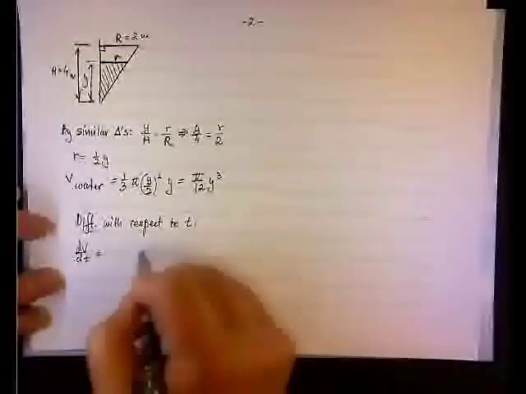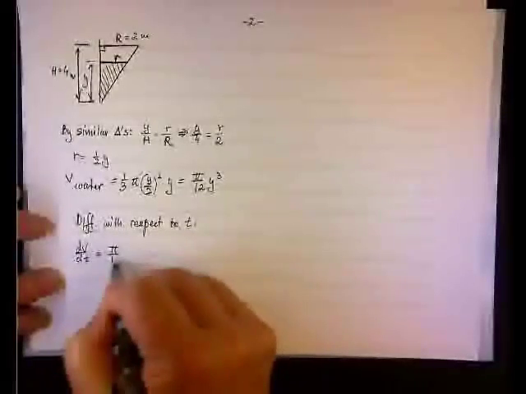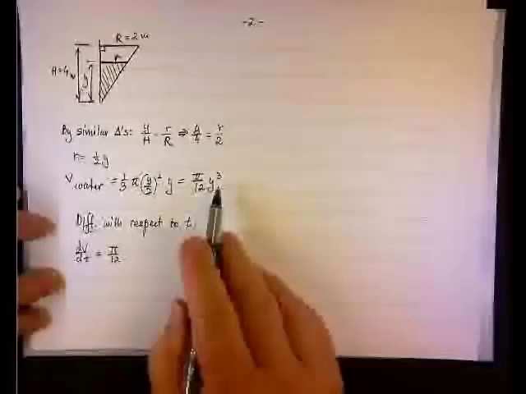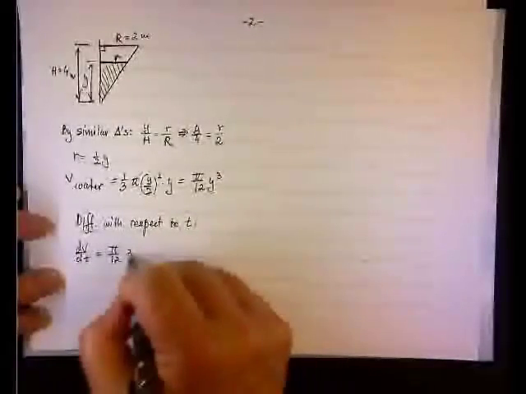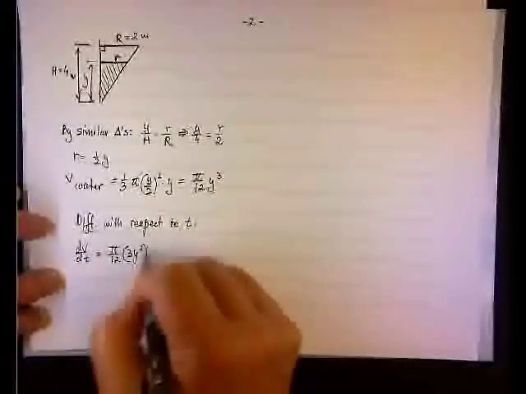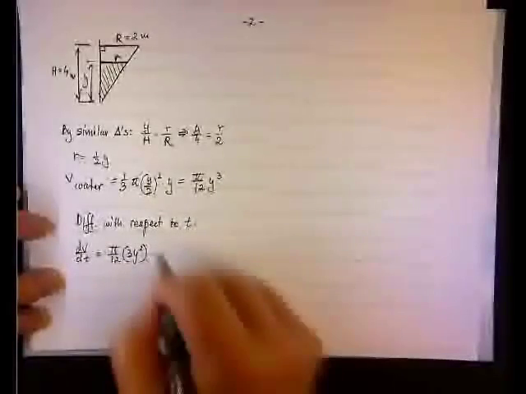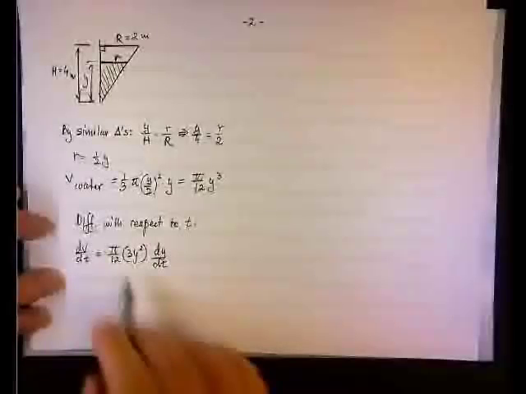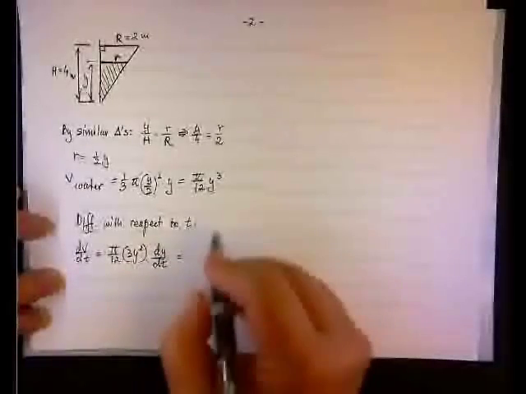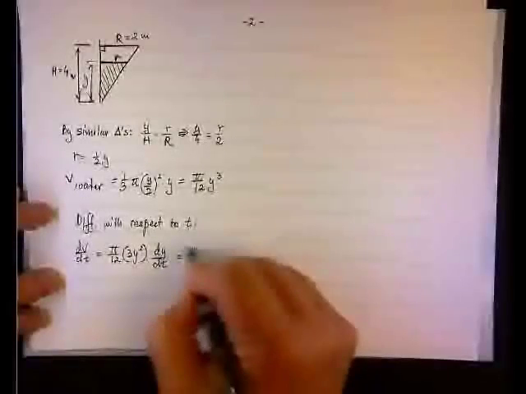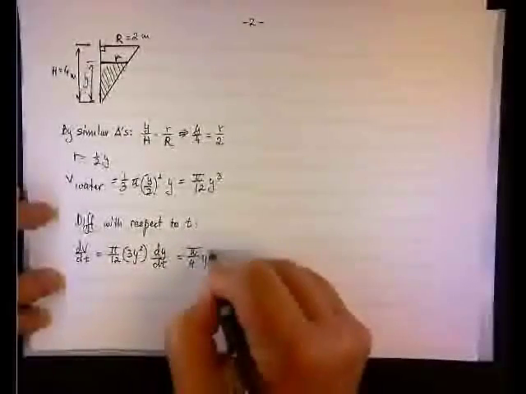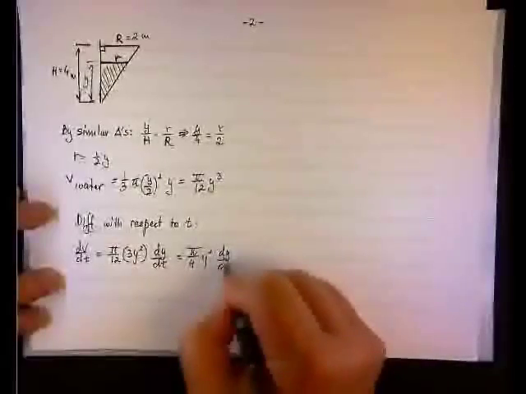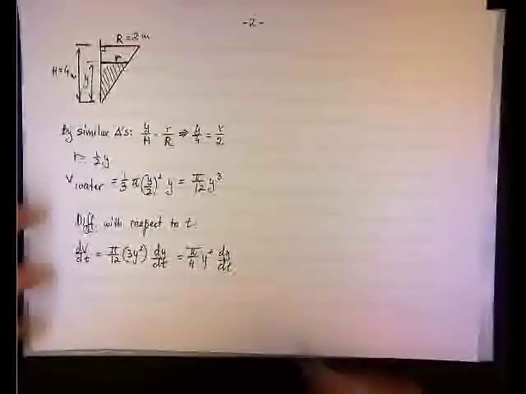And here we have pi over 12. The derivative of y cubed with respect to y would be 3y squared, and then the derivative of y with respect to time will be dy/dt. If you simplify it a little bit, you get pi over 4 y squared dy/dt. Okay.